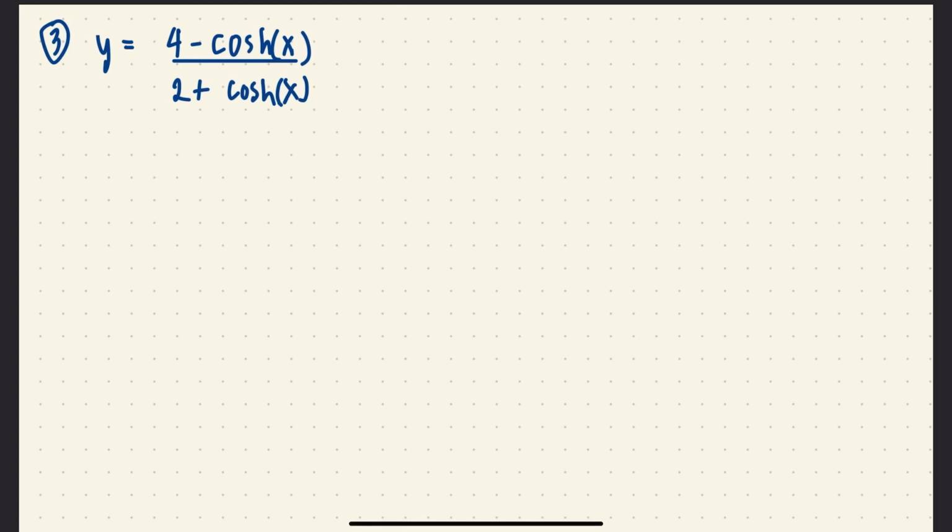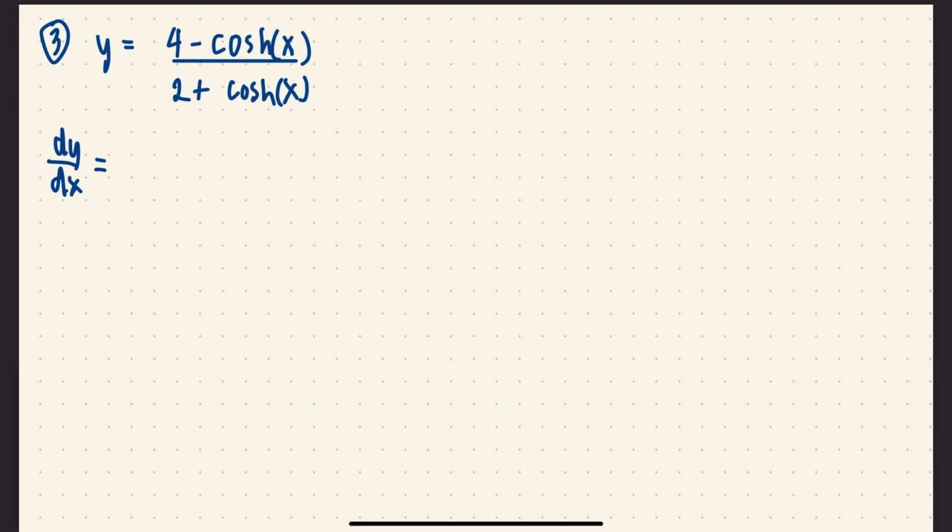For our next example, you have the function y is equal to 4 minus hyperbolic cosine of x all over 2 plus the hyperbolic cosine of x. So we'll use the quotient rule wherein u is your numerator, 4 minus hyperbolic cosine of x, and v is your denominator, 2 plus hyperbolic cosine of x. So we just use the formula for dy over dx.